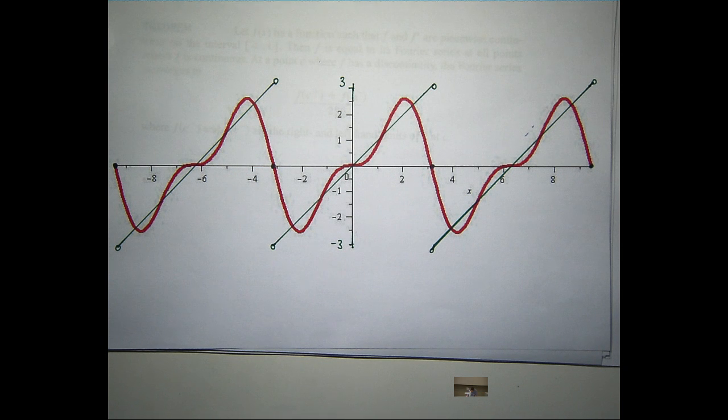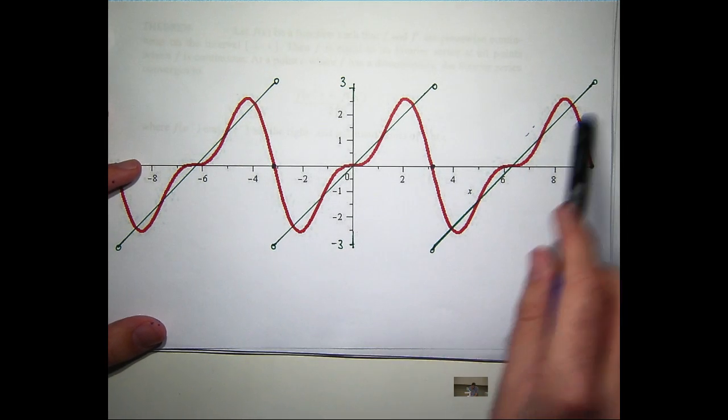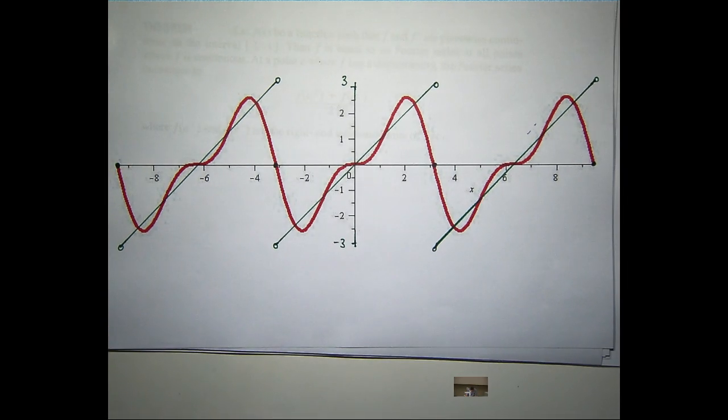So again, that's one I've sort of half done with Maple and half done by hand. Now you can see a couple of things from this picture. Firstly, it's an okay approximation. So the red curve is an okay approximation to the green curve, but it's not great.